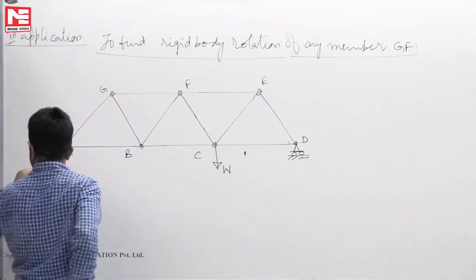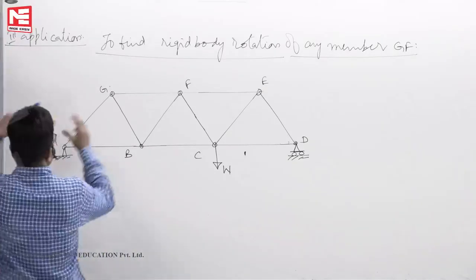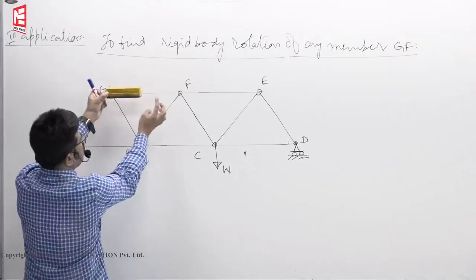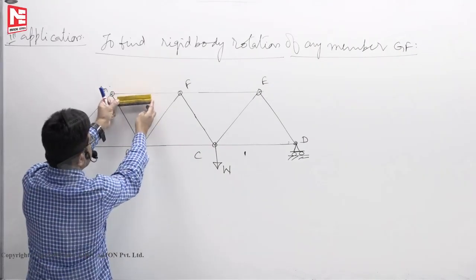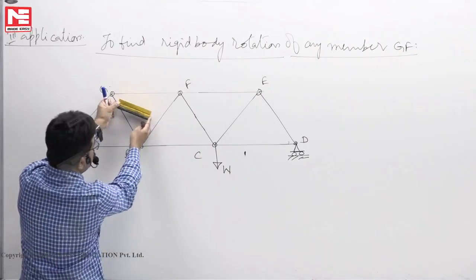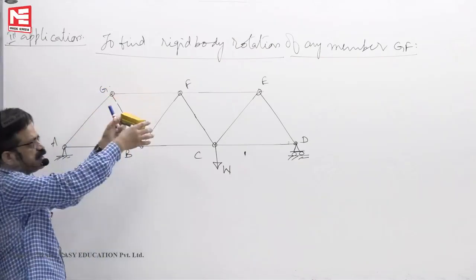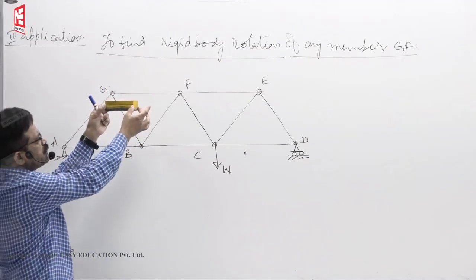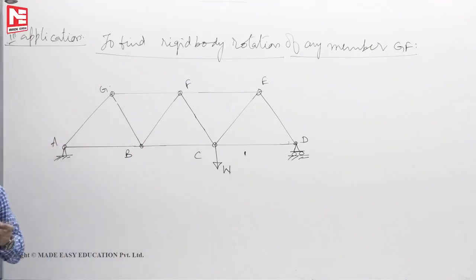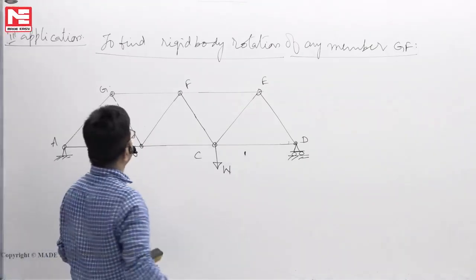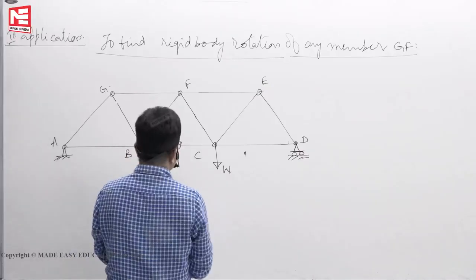Say G is here, F is here, initially it is like this. After the load is applied, G will come down, F will come down more. Then the member will no longer be horizontal, it is slightly inclined. That is called rigid body rotation. You will find it from Castigliano's theorem too.